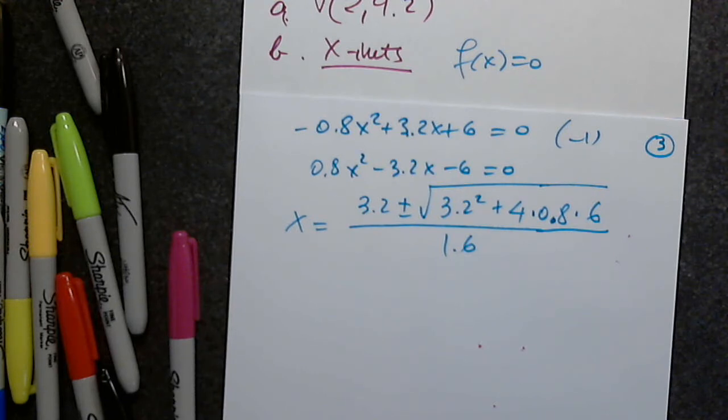I put parentheses again, 3.2 squared, and then plus 24 times 0.8. Close the parenthesis under the square root, go outside and close the parenthesis and divide by 1.6. And that would be one horizontal distance or x-intercept. Now the other, let's see if it makes sense with the negative.